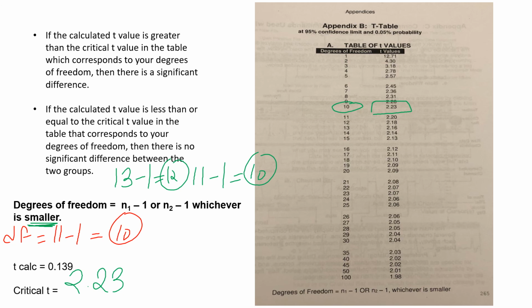So let's take a look at our values. The t-value that we calculated was 0.139. The critical from the table is 2.23. That means that in this scenario, our critical t-value is greater. So your calculated t-value is less than the critical t-value. And so what does that mean?